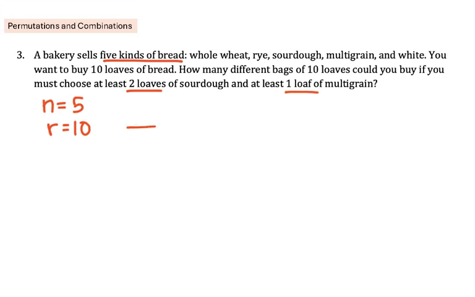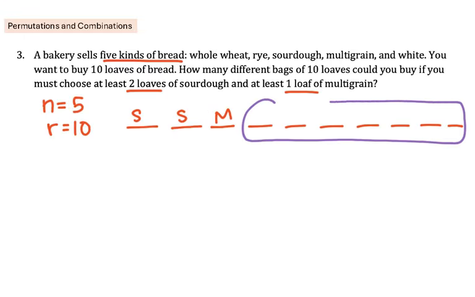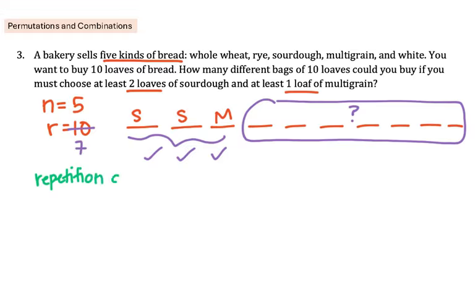So actually, let's think about this. 1, 2, 3, 4, 5, 6, 7, 8, 9, 10. 2 of these have to be sourdough and 1 has to be multigrain, which means actually I'm really only choosing 7 of them because the other 3 are already chosen. So in fact, I'm only choosing 7. And repetition is allowed because I can choose all of the same type of bread if I want.